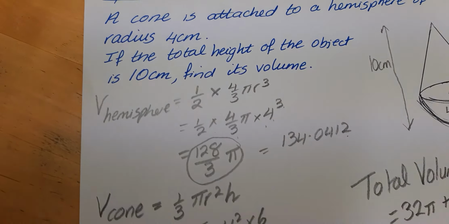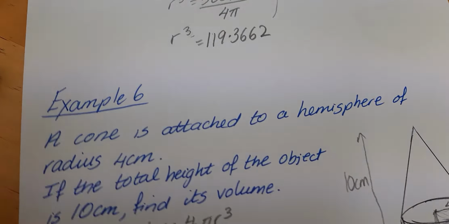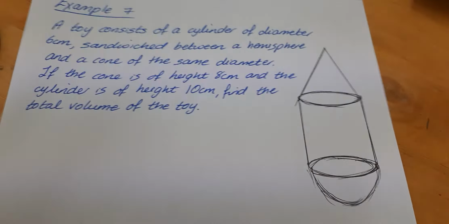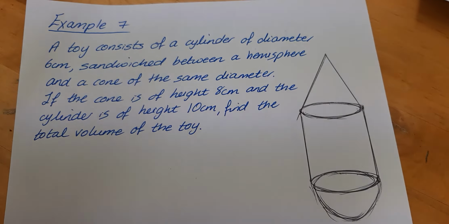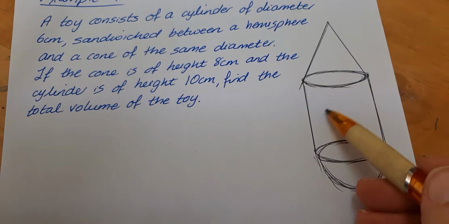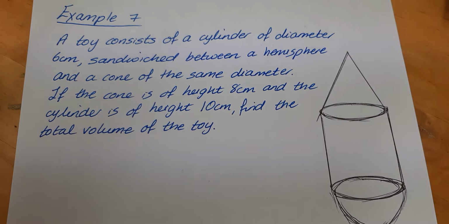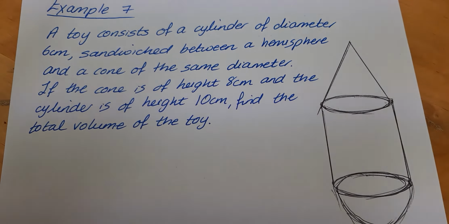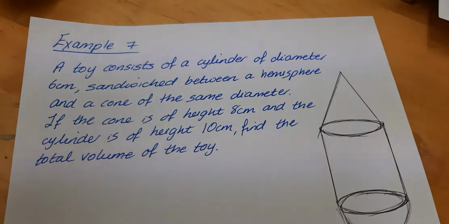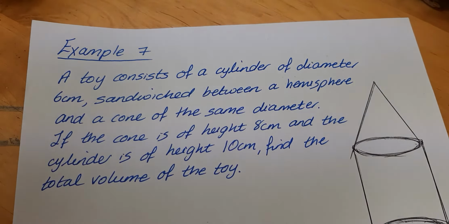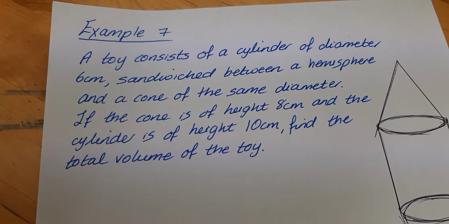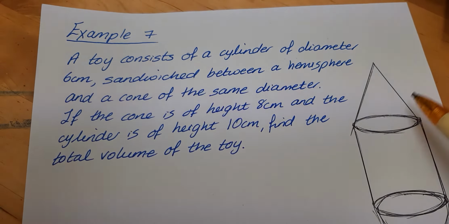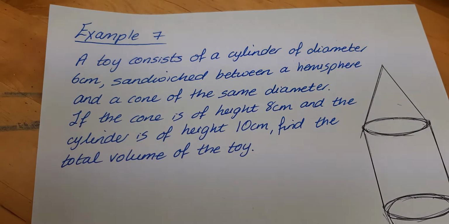Let's move on to this last question, which actually has nothing really that complicated in it. We now have a similar shape here to the previous one. It's just we actually have something in the middle here. We have this cylinder, which is actually a prism, isn't it? Remember? Right, so a toy consists of a cylinder of diameter 6 centimeters sandwiched between a hemisphere and a cone of the same diameter.